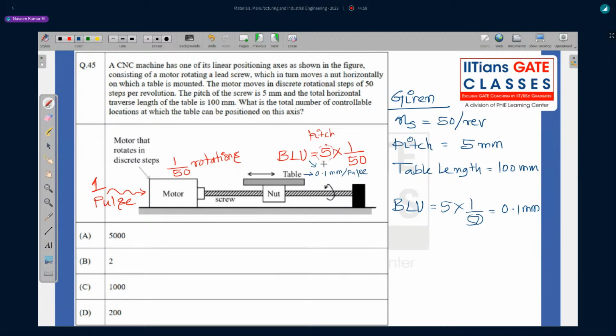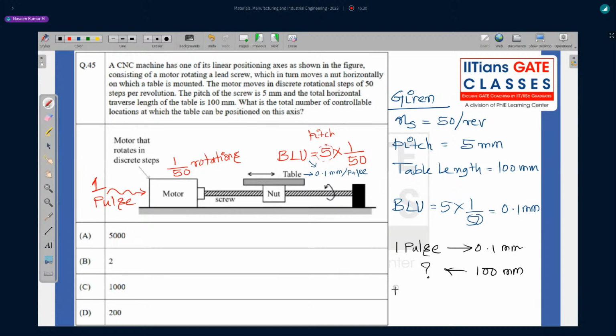So I can count how many pulses you are sending, because one pulse is one controllable movement or location. One pulse gives 0.1 mm of table movement, so for 100 mm movement of the table, how many pulses? That is your question, right?